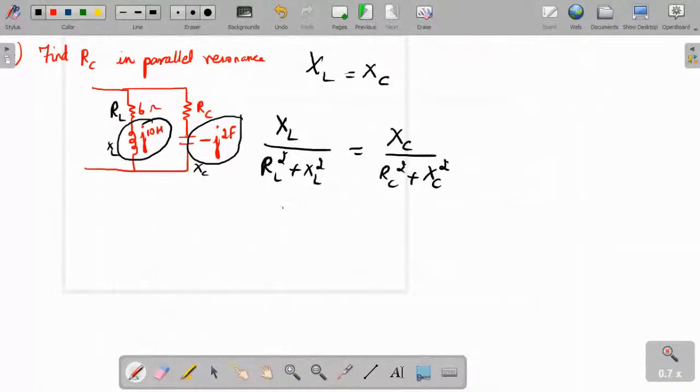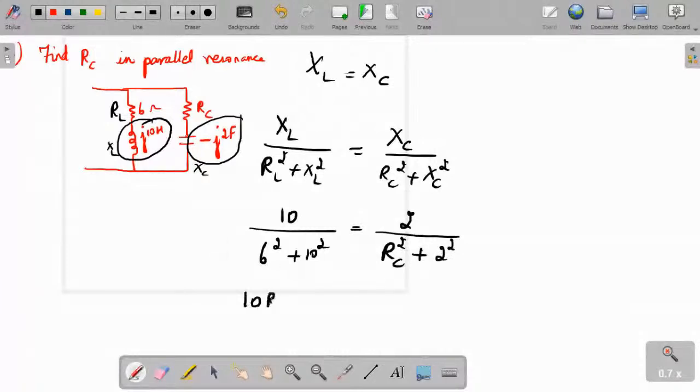So 10 divided by 6 square plus 10 square is equal to XC, which is 2, divided by RC square plus XC square, again 2 square. Yes, so you get 10 times RC square plus 40 is equal to 2 times 36 plus 100.